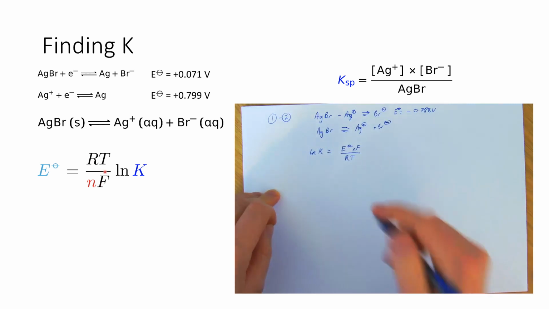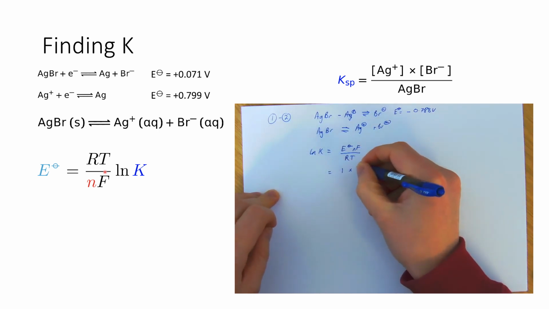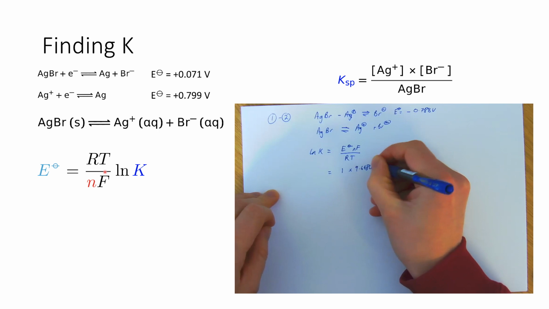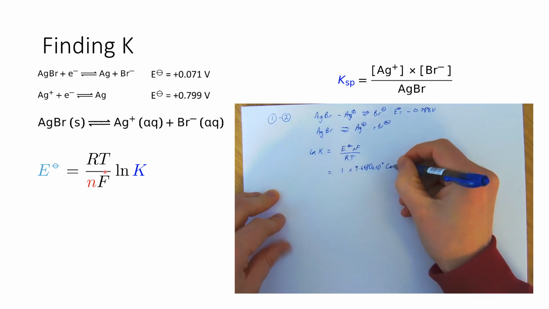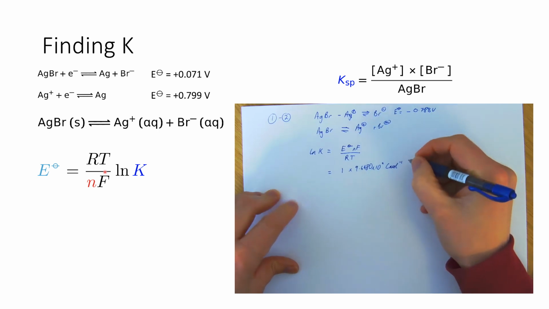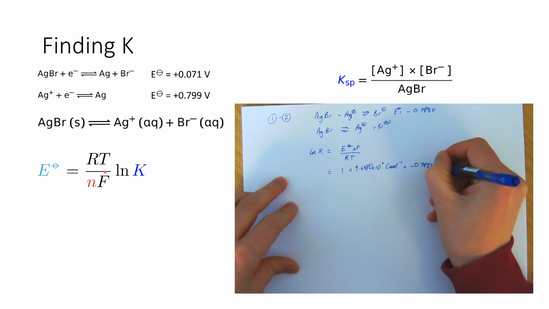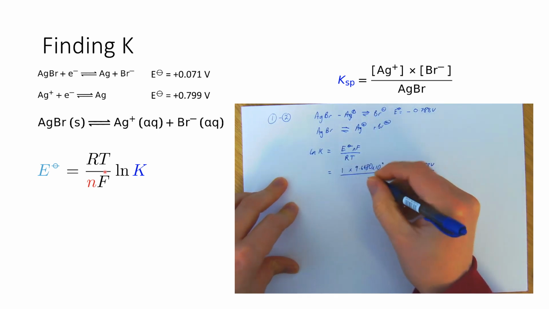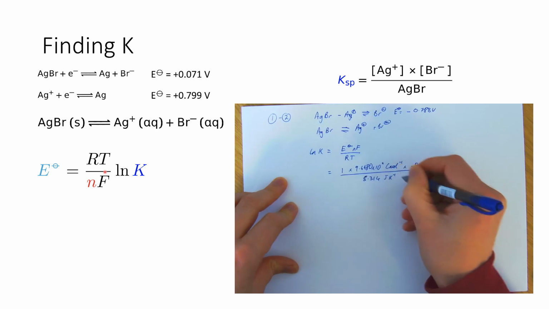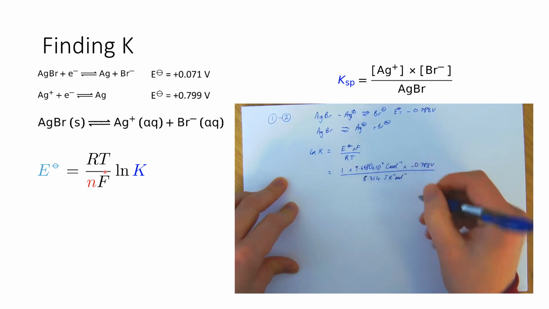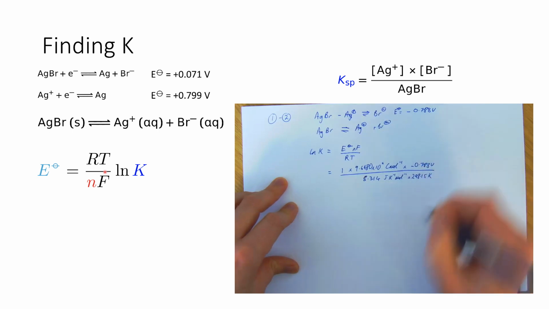We have a single electron in the process. We end up with 1 times our Faraday constant, which is 9.6480 times 10 to the 4 coulombs per mole, multiplied by our cell potential, minus 0.788 volts, divided by RT, which is 8.314 joules per Kelvin per mole, times 298.15 Kelvin.